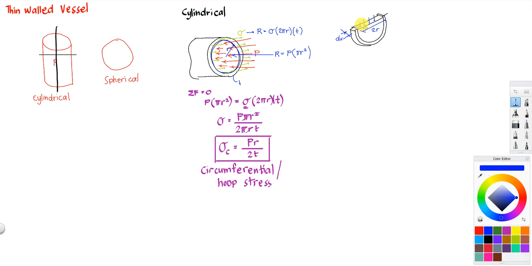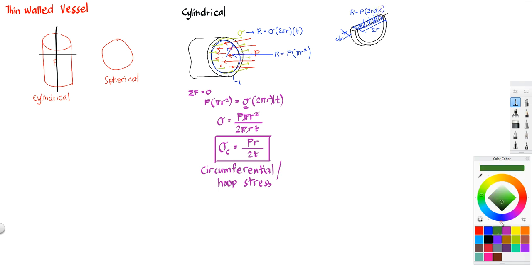Ito yung area ngayon na kino-consider nung pinaka pressure natin sa loob. So, we could say that the resultant para doon would become equal to the pressure multiplied by the rectangular area, which is 2r multiplied by the dx.